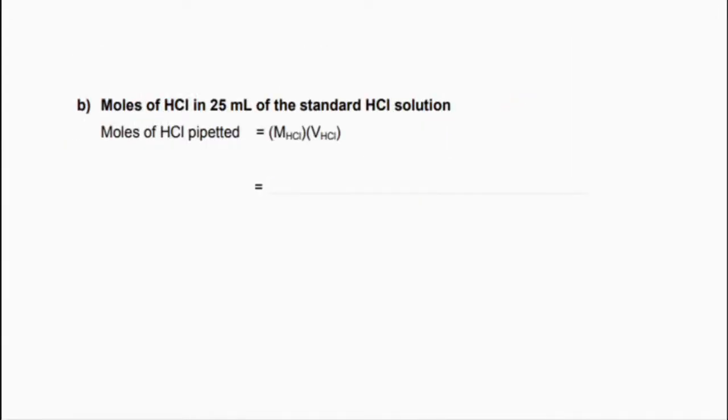Next, we are going to determine how many moles of HCl are in 25 ml of the standard hydrochloric acid solution that we are using. So the moles of HCl pipetted is the molarity of HCl times the volume of HCl.